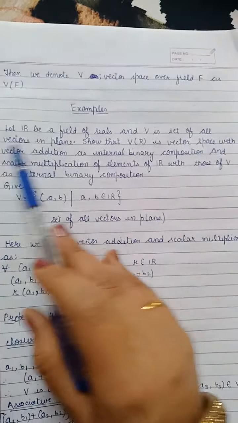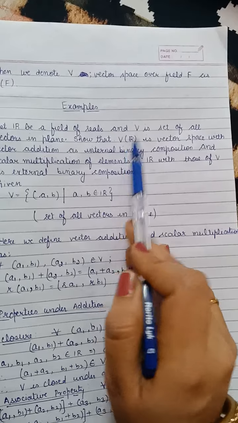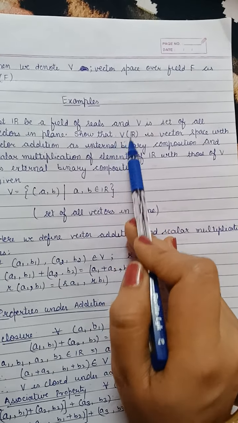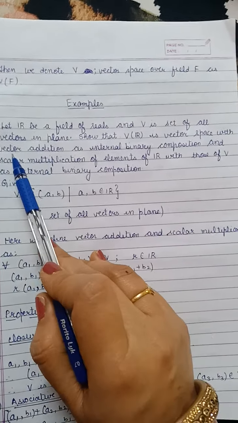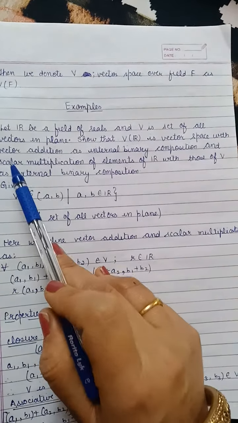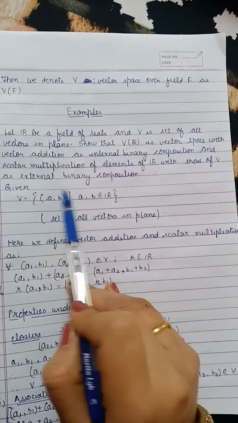And V is the set of all the vectors in a plane. Then V over R, what does it mean? We have to prove that V is a vector space over the set of real numbers, with addition as internal binary composition and scalar multiplication of elements of R with those of V as the external binary composition.